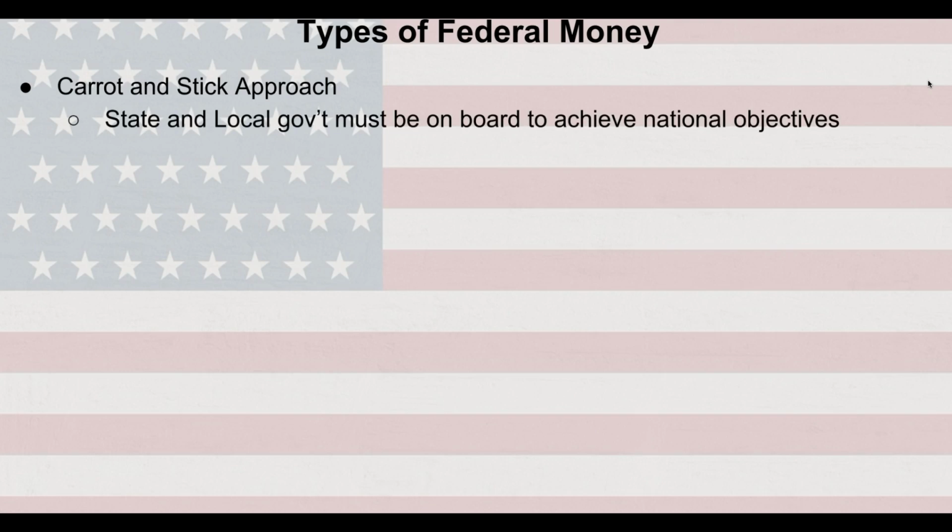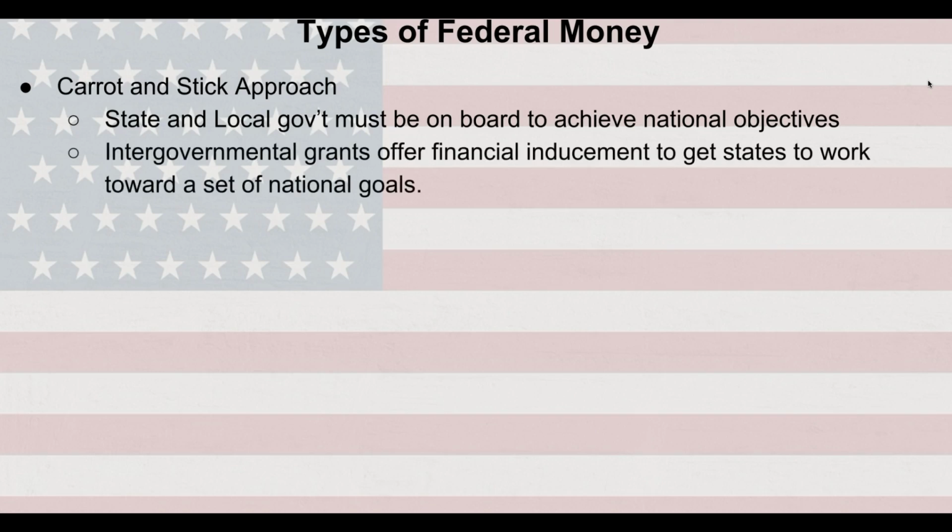But states and local governments must be on board to achieve national objectives. The national government can put into place any objective that they really want to, but it's up to the states and the local governments to really carry those out at the more localized level. And if you don't have buy-in from states and local governments, it's going to be much more complicated to achieve these national objectives in all 50 states.